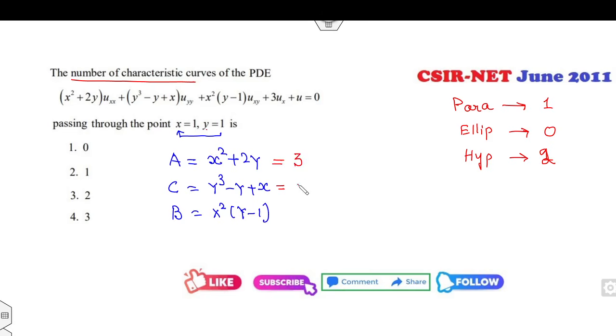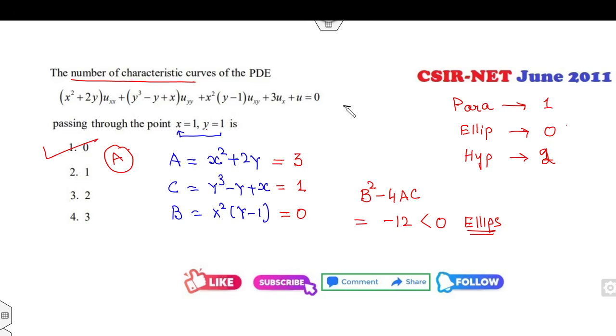This is 3. This is 1. This is 0. Now can you find the b square minus 4ac? It will be b square is 0 minus 12, which is less than 0. Less than 0 means elliptical. Once this is elliptical, that means 0 characteristics curve is the right answer of this problem.